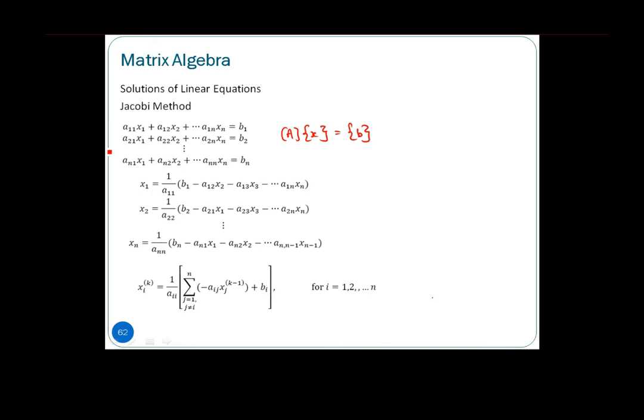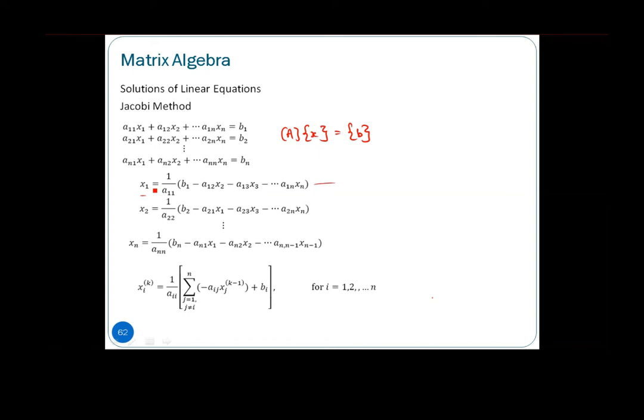If you rearrange everything in terms of X1, X2, X3, you'll find that x1 equals 1 over a11, then you have b1 minus a12 x2. Basically you rearrange everything like x1, x2, x3, right?